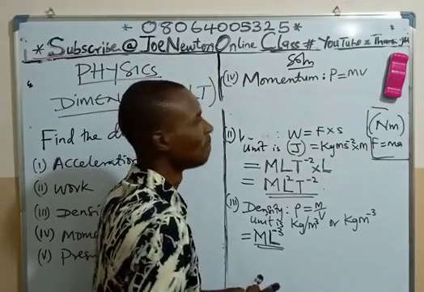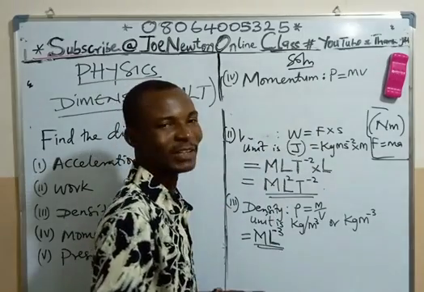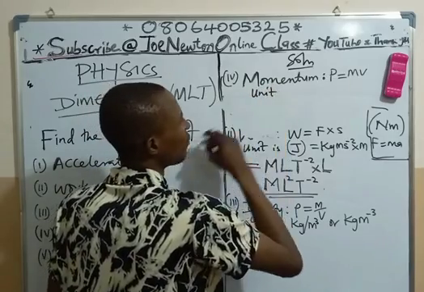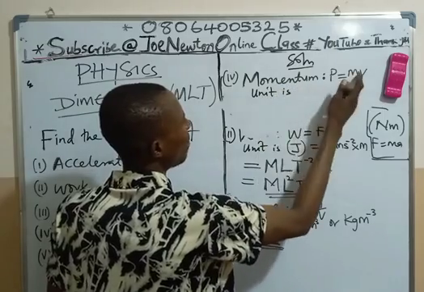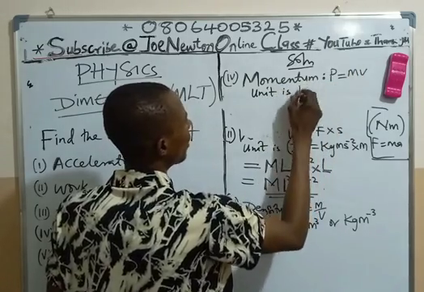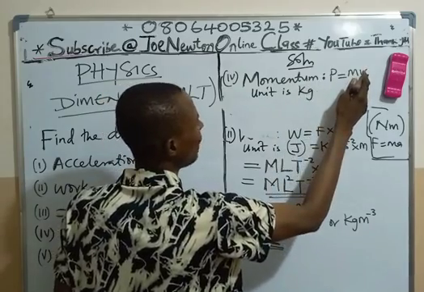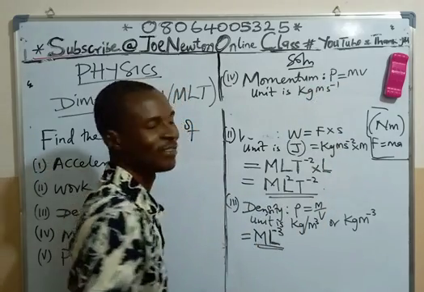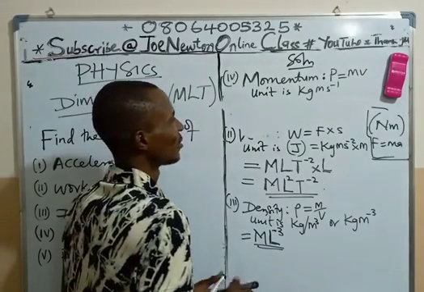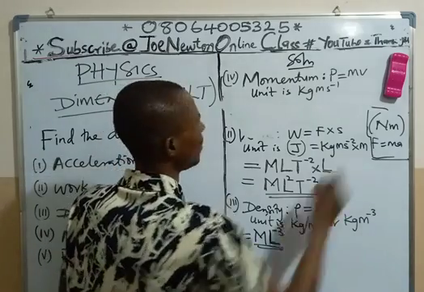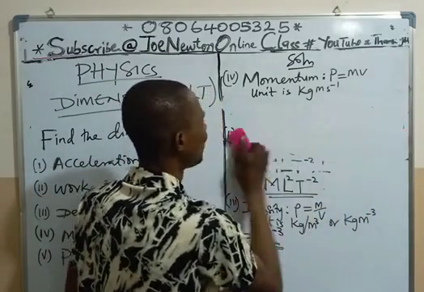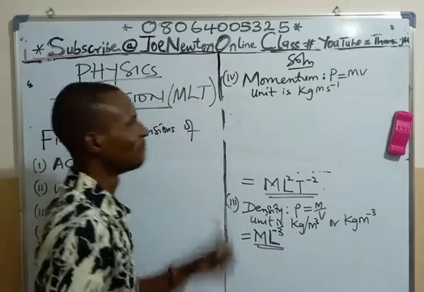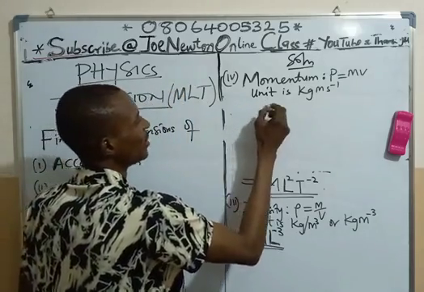Of course, velocity is displacement over time. So what is the unit here? For the unit of momentum, mass is in kilogram, then velocity is meter per second. I think you can solve this easily. It's very simple. I'll just give you guides to this, and you are going to finish it yourself.